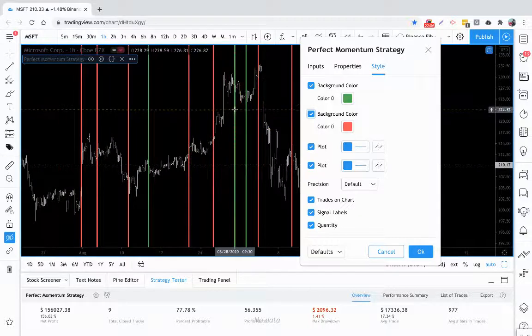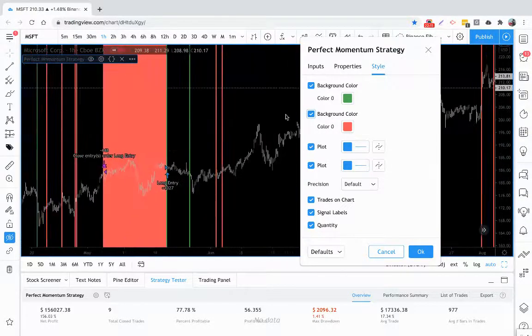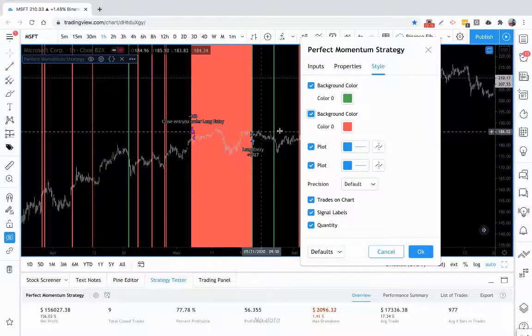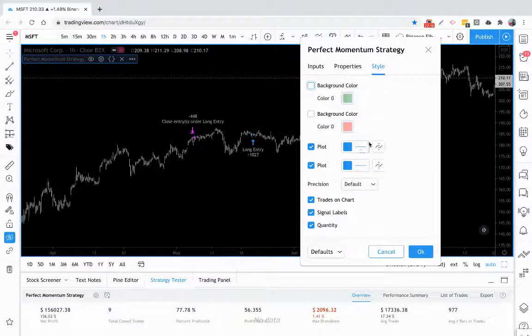So anytime it's a green, it's a potential entry. The red is a potential exit. You can see that over here. And these control your take profits and stop losses. You can show the trades on the chart, your signals, your quantity, and it's all adjustable to you.